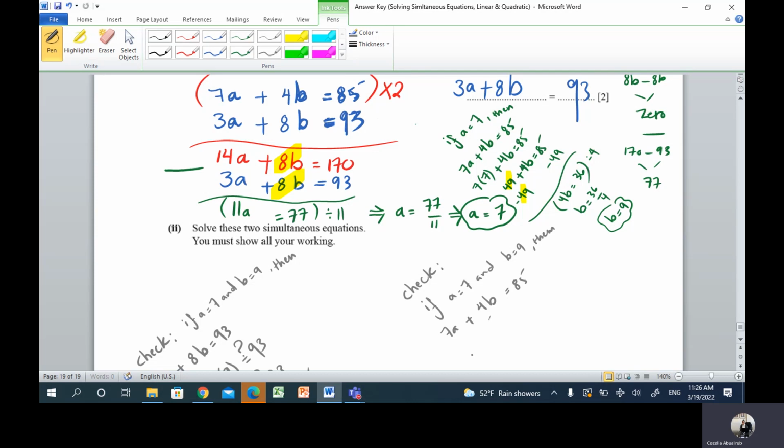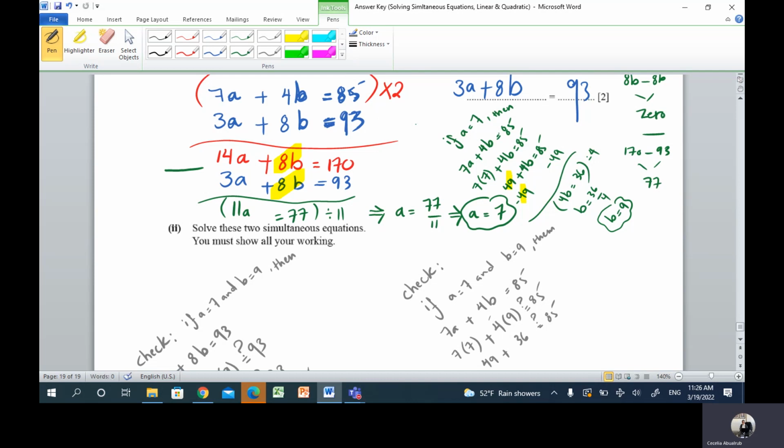Let's substitute the values of A and B. 7A, it means 7 times A, so 7 times 7. Plus 4B, it means 4 times B, which is 9. Is it equal to 85? 7 times 7 is 49. Plus 4 times 9 is 36. Is it equal to 85?